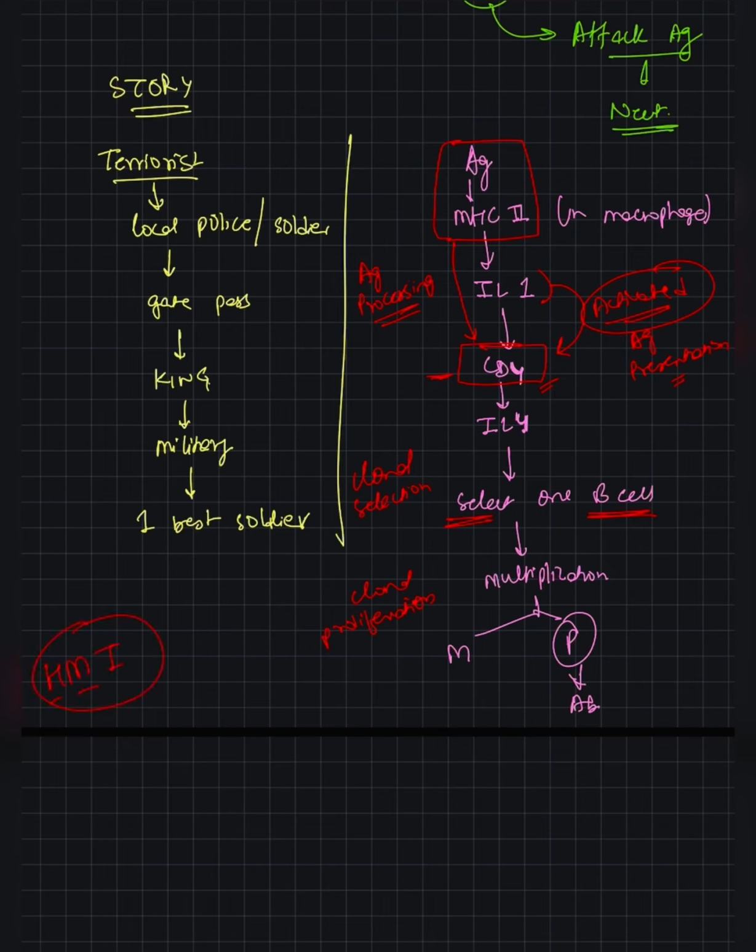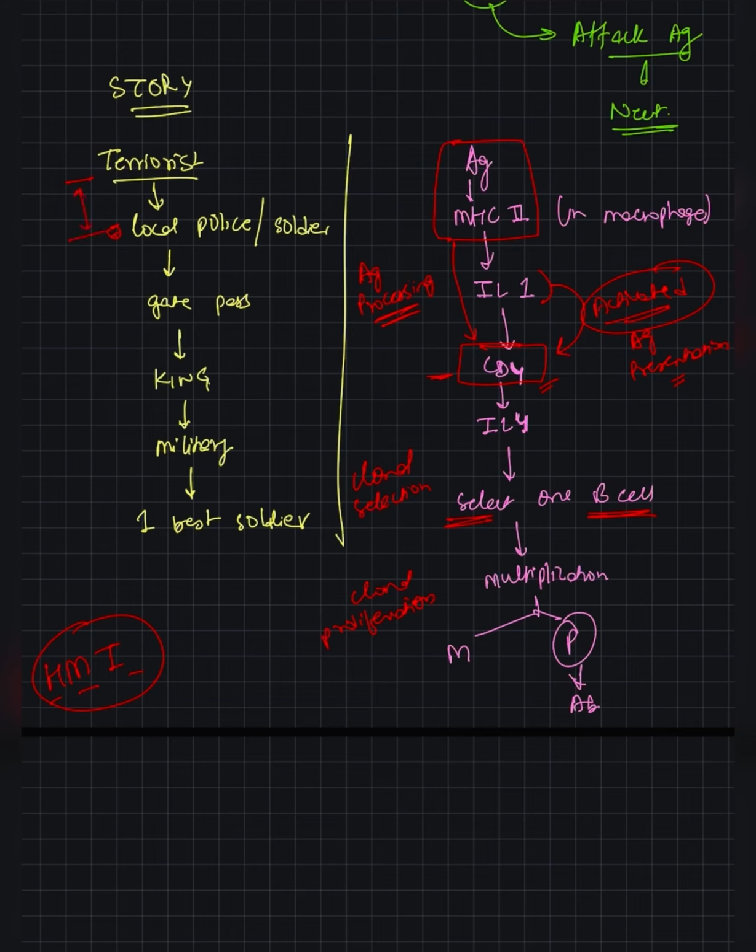So what is the story? There is a terrorist, and local police couldn't fight against it. So what they did was they went to the king and presented their case. The process of going is known as antigen processing. So: terrorist, local police fight, couldn't win, going to the king.